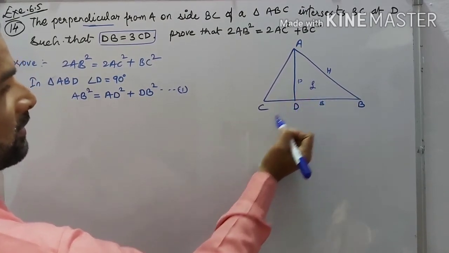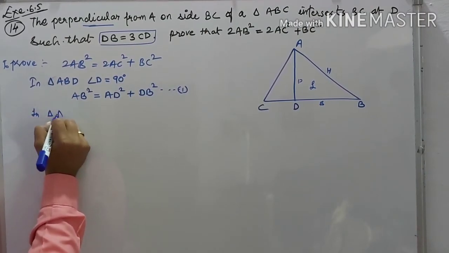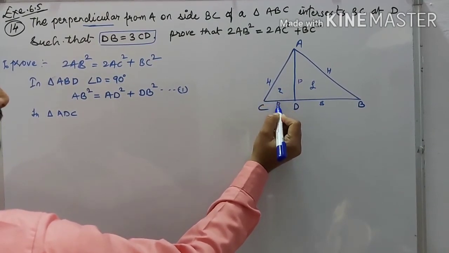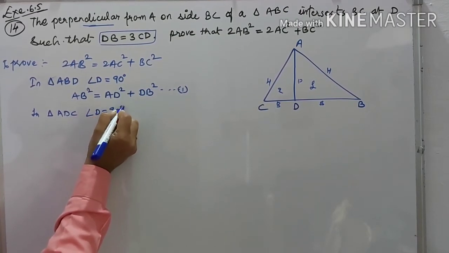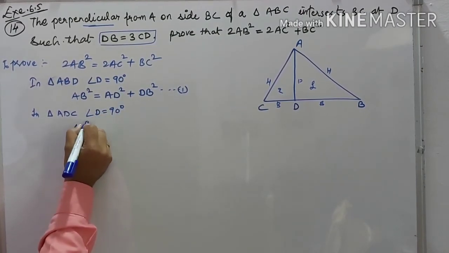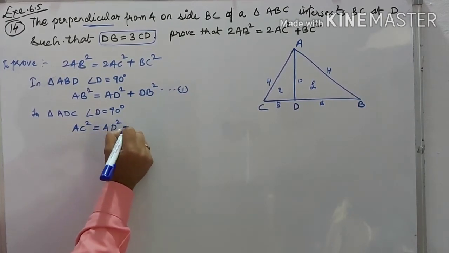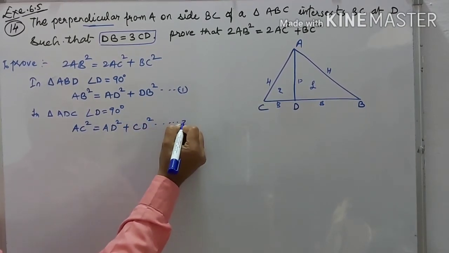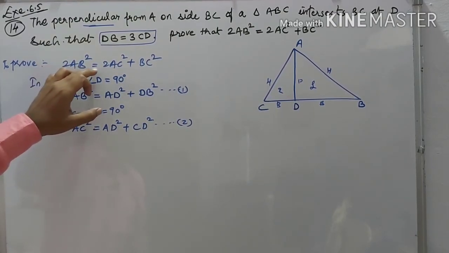In triangle ADC, with H, B, and P, angle D is equal to 90 degrees. You write that AC square is equal to AD square plus CD square, equation 2. Looking at equations 1 and 2, AB is equal to AC.